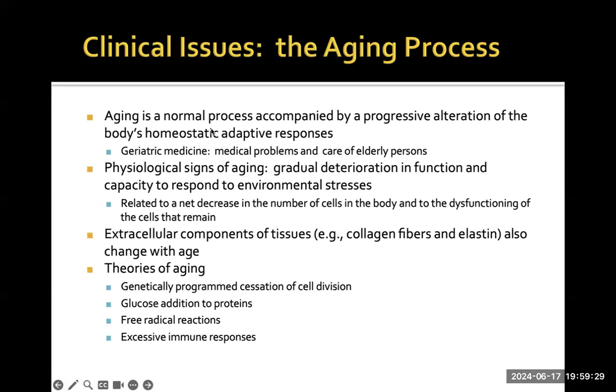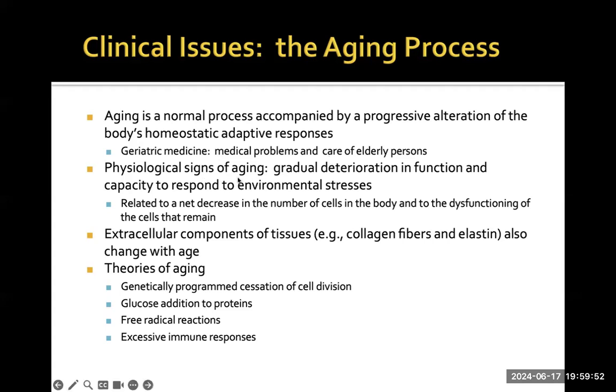Aging is a normal process that gets accompanied by progressive alteration of your body's homeostatic adaptive responses. Geriatric medicine means it's medicine or practice of elderly people. Generally speaking, medical problems arise more commonly just because the body is starting to change drastically.